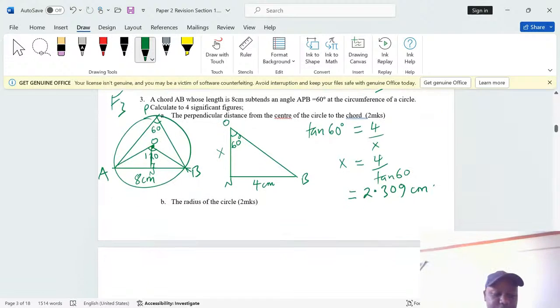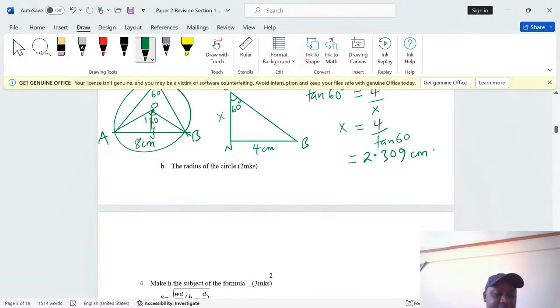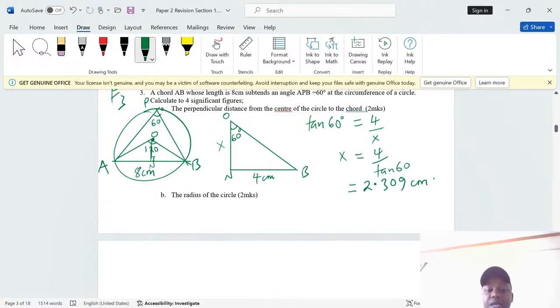We are also told to calculate the radius of the circle. So for us to calculate the radius of the circle now, we need to concentrate on the length OB, which can be calculated using several approaches.